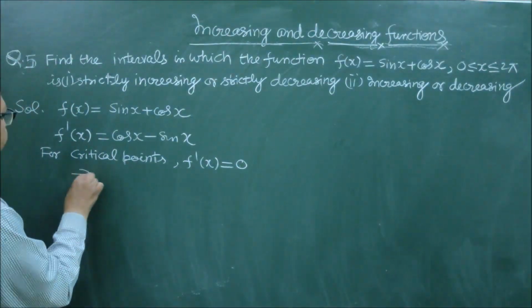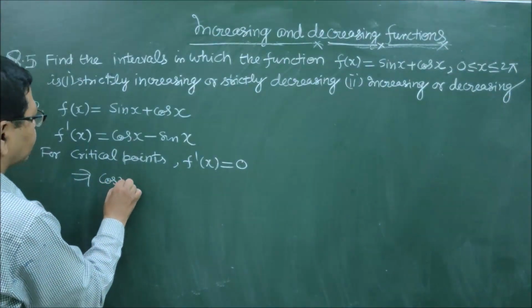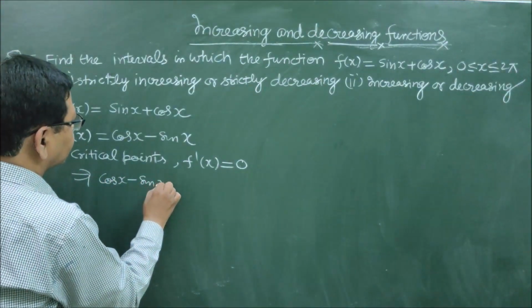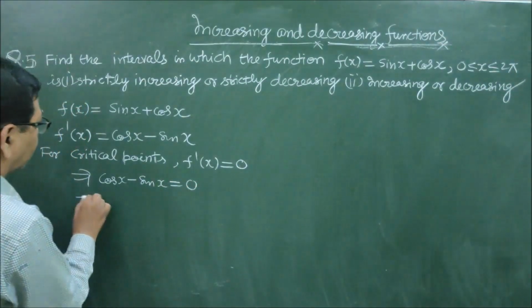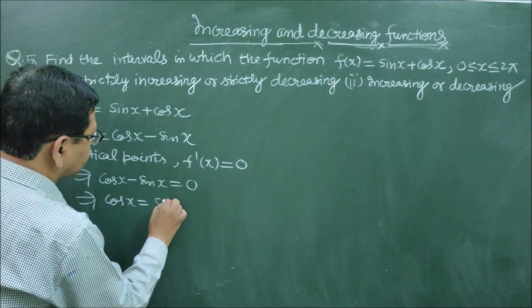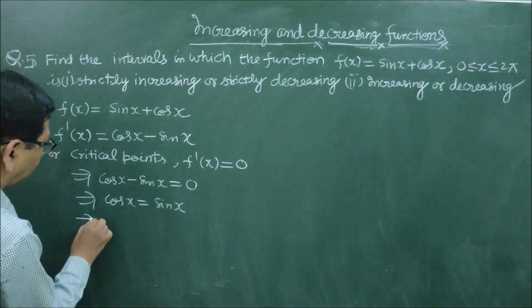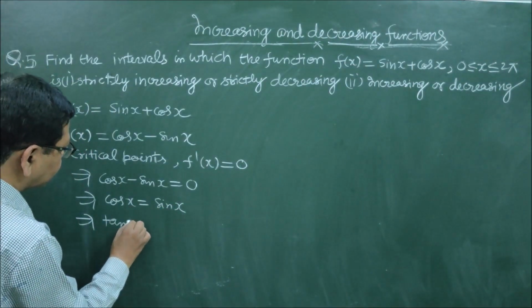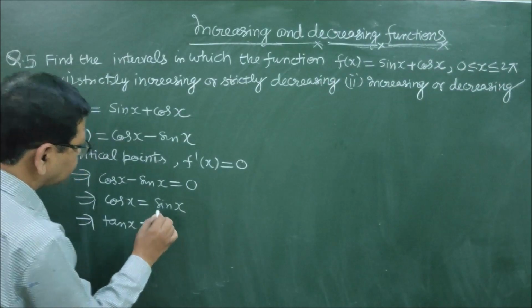Which implies that cos x − sin x = 0, or cos x = sin x, or tan x = 1.